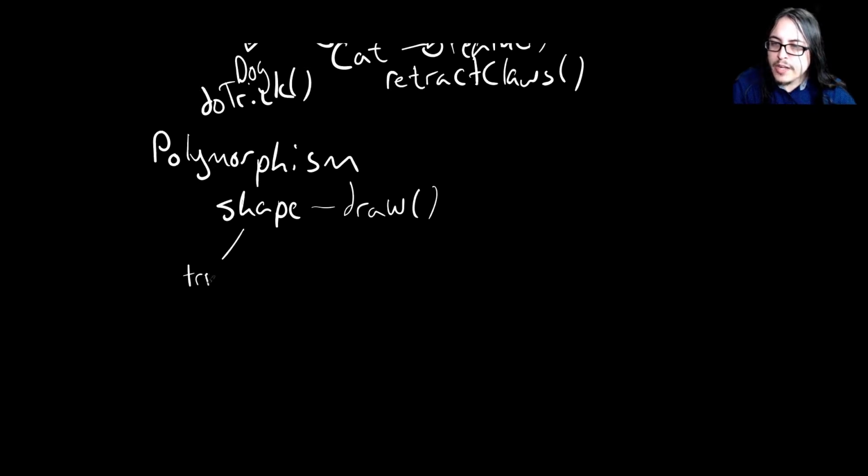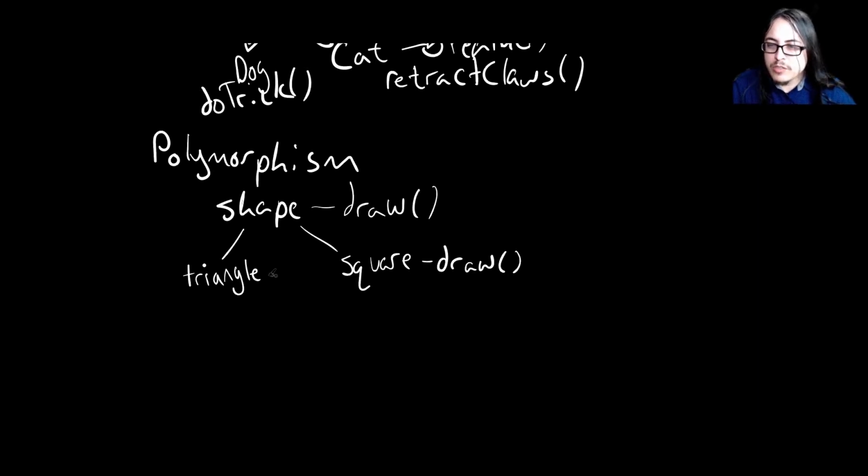You have a triangle and a square. Those are both going to be drawn differently. So they're going to have their own implementations of draw, which is going to override this version of draw.